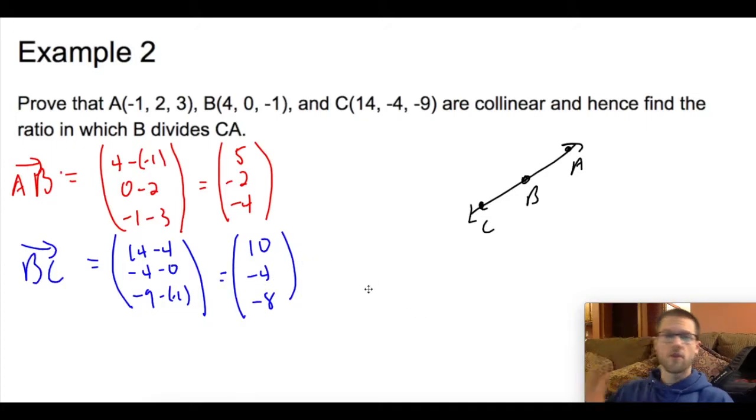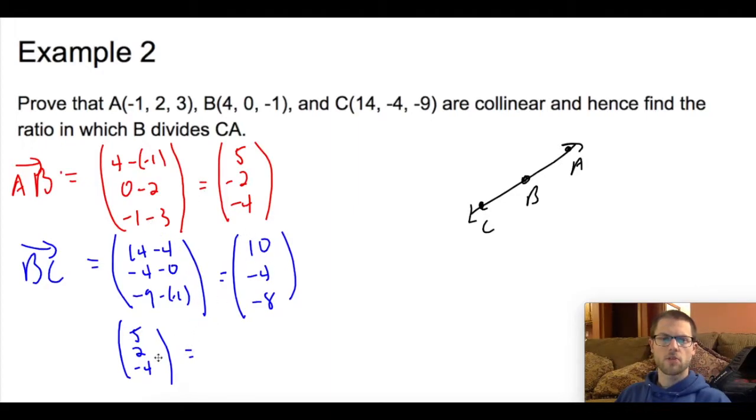If these are collinear, then we already have B as a common point between them, so we just need to prove that one is a scalar multiple of the other.